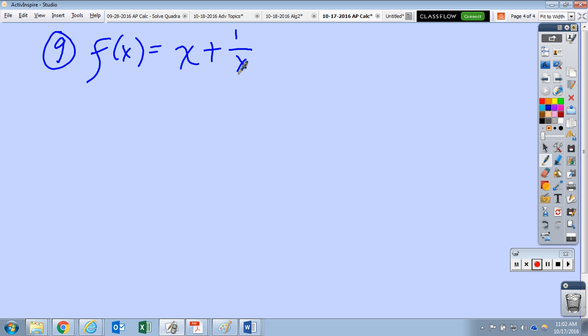So the secant line. Well, what is the average rate of change? That would give us the slope of the secant line. So we're going from 0.5 to 2. I know we're running out of time, so I'll try to move quickly. F of 2 would be equal to 2.5.